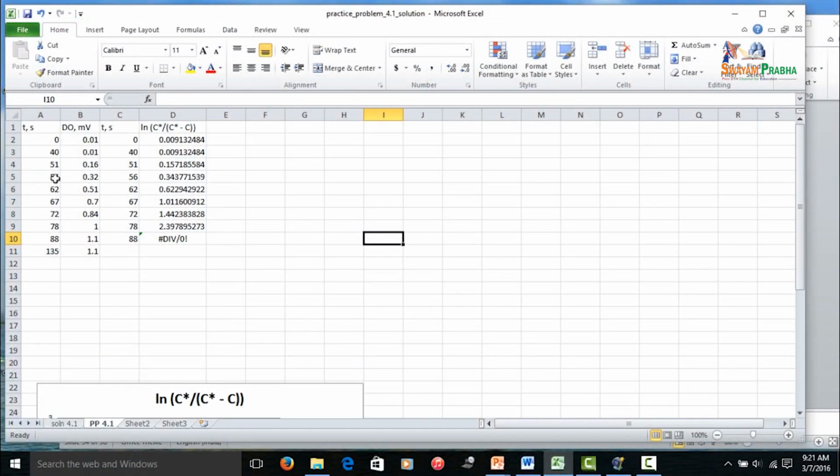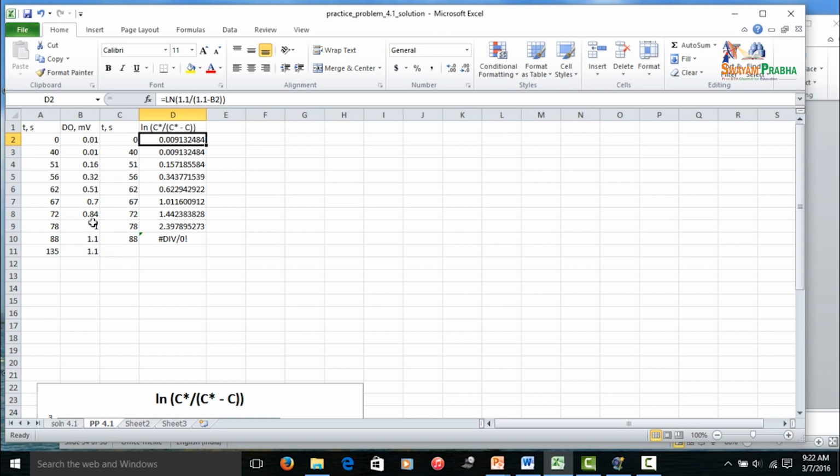Yes. You see here, this is the same data, the time versus dissolved oxygen in millivolts. I'm calculating natural log C star by C star minus C. To find C star, let us look at this data. The DO level increases and reaches a constant value here, 1.1, 1.1.